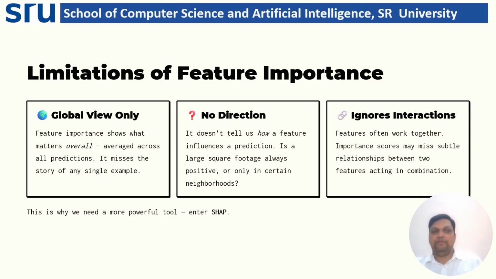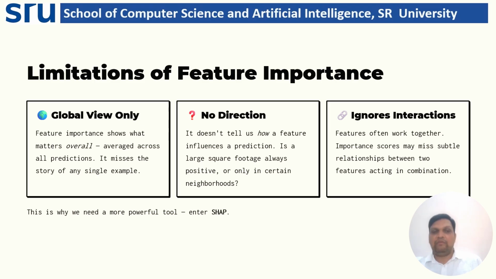Limitations of feature importance. Global view only. Feature importance shows what matters overall, averaged across all predictions. It misses the story of any single example. No direction. It doesn't tell us how a feature influences a prediction.